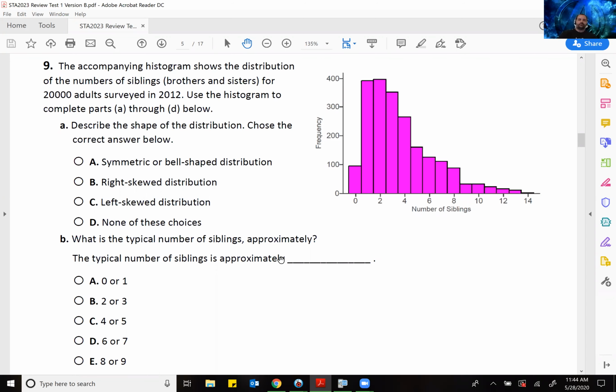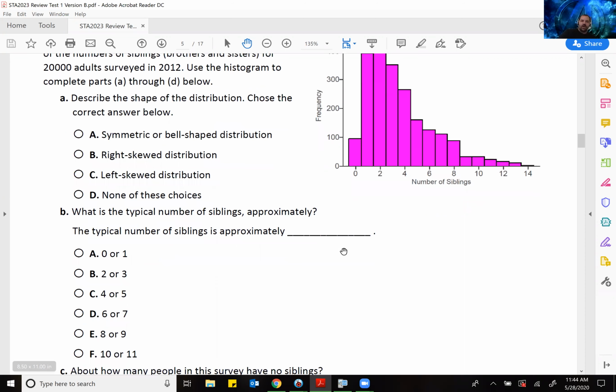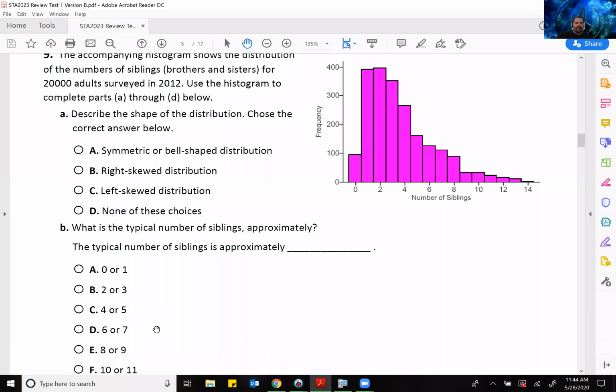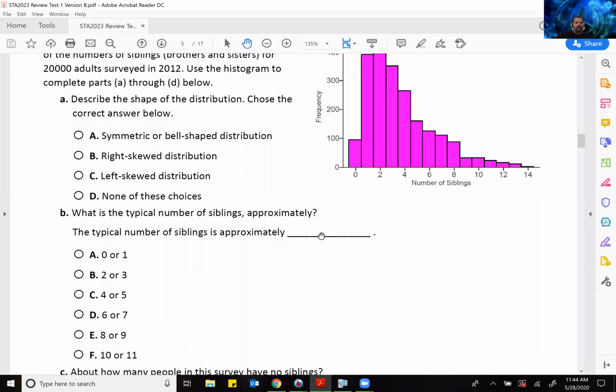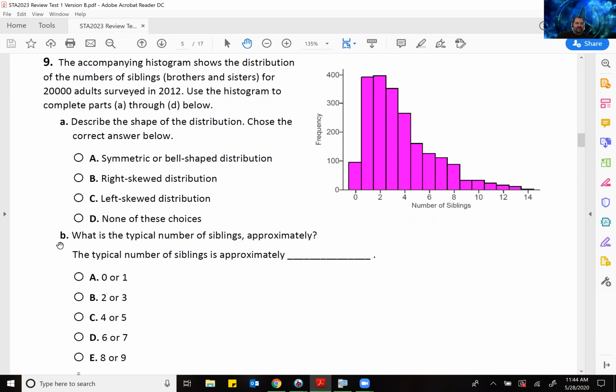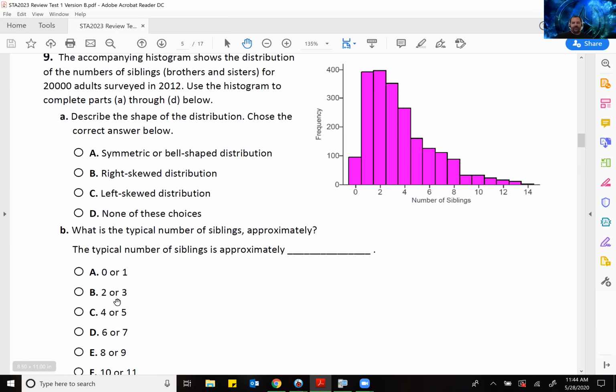All right, so now it says, what is the typical number of siblings? 2 to 3? Yeah. And again, this is MyMathLab and all that stuff. I would have actually said 1 to 2 because these bars are so close. That's the typical stuff right there. But based off of what I see here, we have to choose B, 2 to 3.